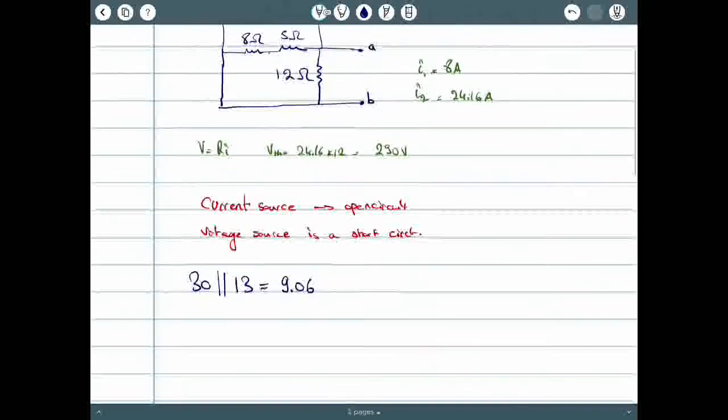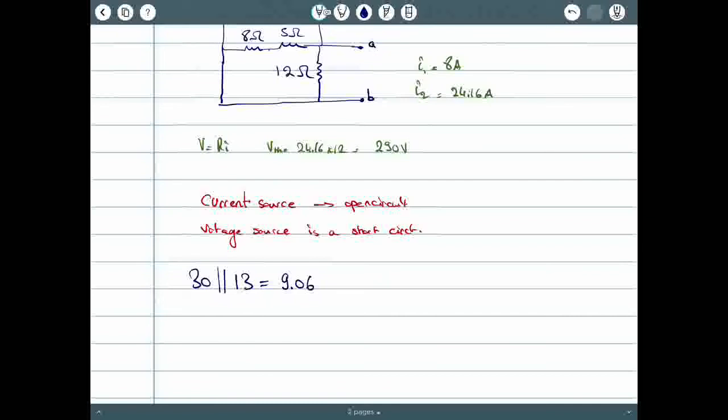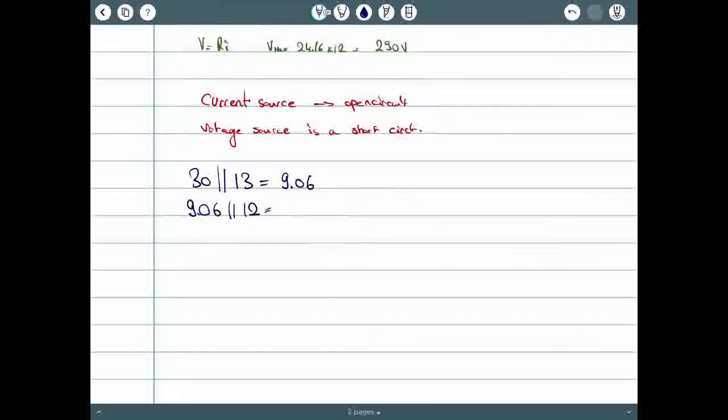And now this 9.06 is in parallel also with the 12. So we have again 9.06 in parallel with the 12, which gives me 5.16 ohms.